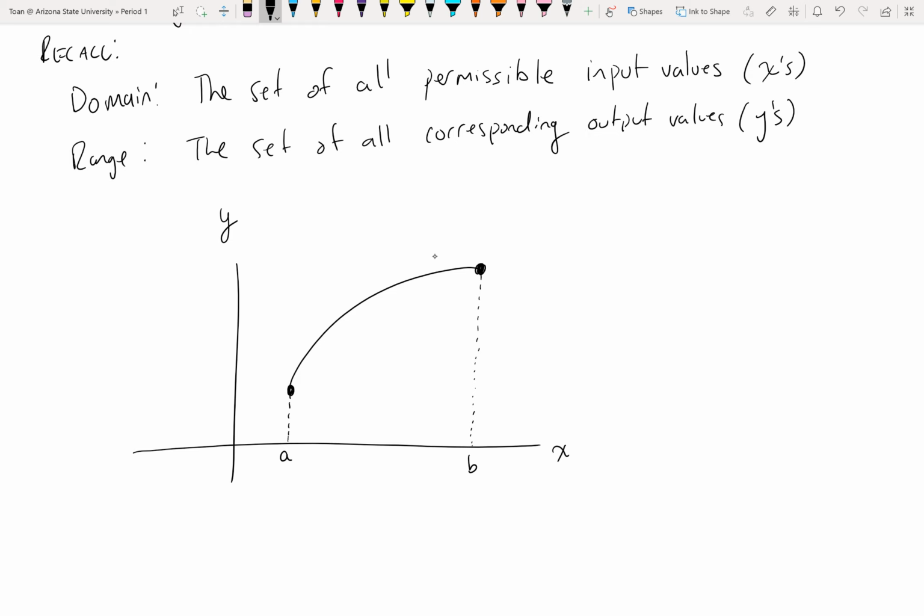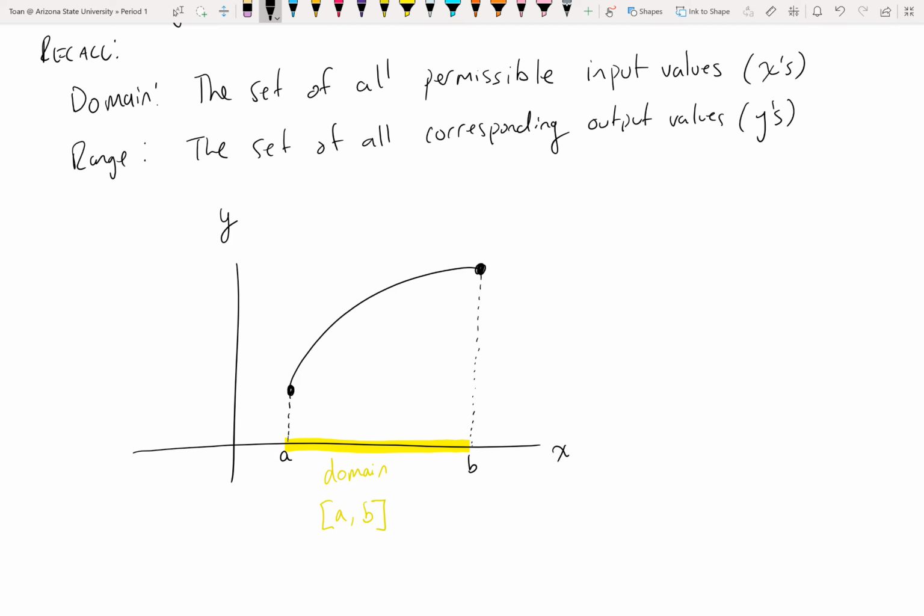Let's call it B. So the domain here would just be this interval. That right there will be the domain. So in this case, the domain would be A, comma, B. Right, I use square brackets because they were solid points. If they were open points, you'd use open parentheses.